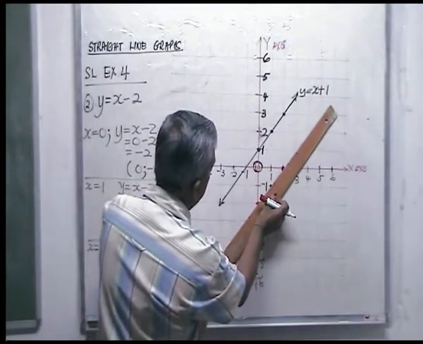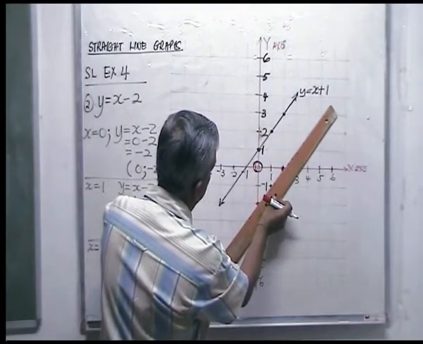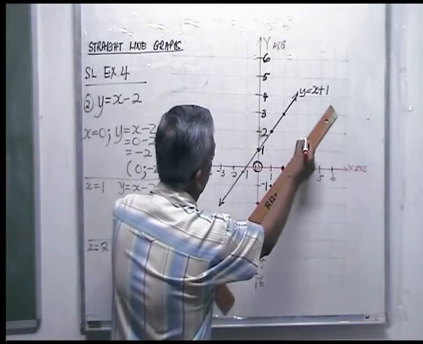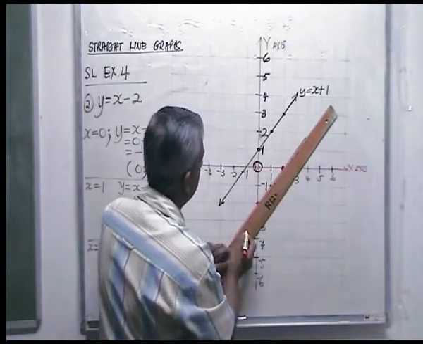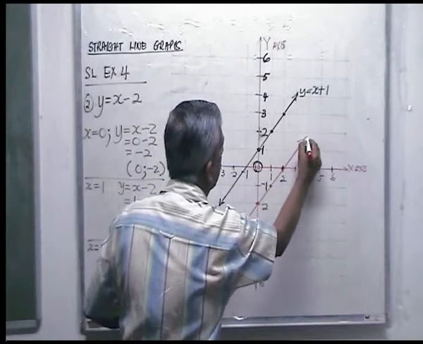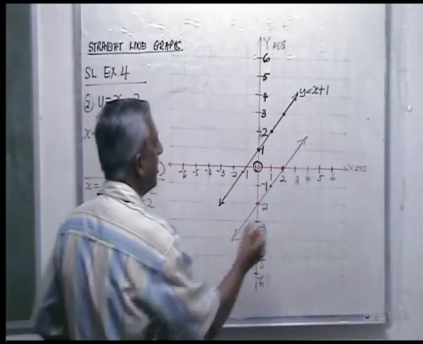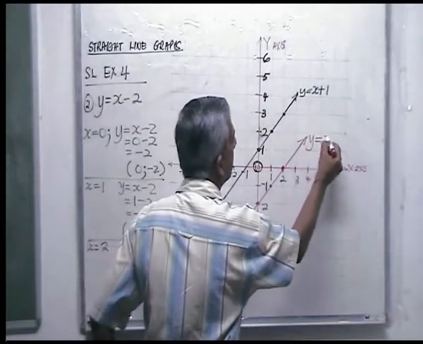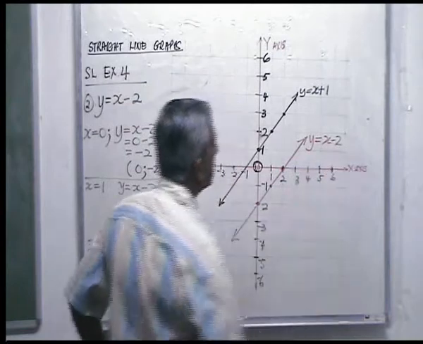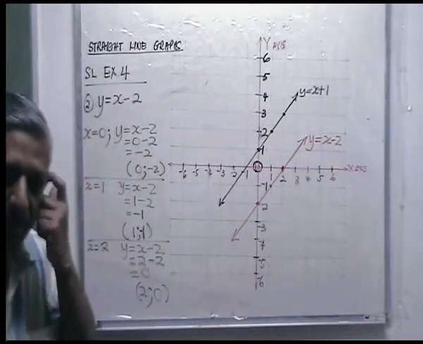So there we are. Join the points and label it. Y is equal to x minus 2.